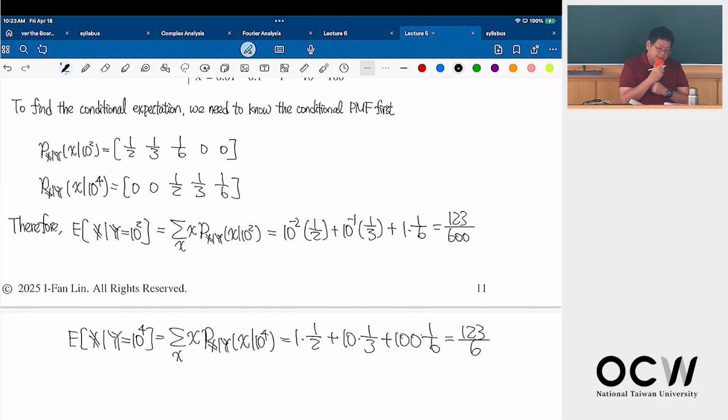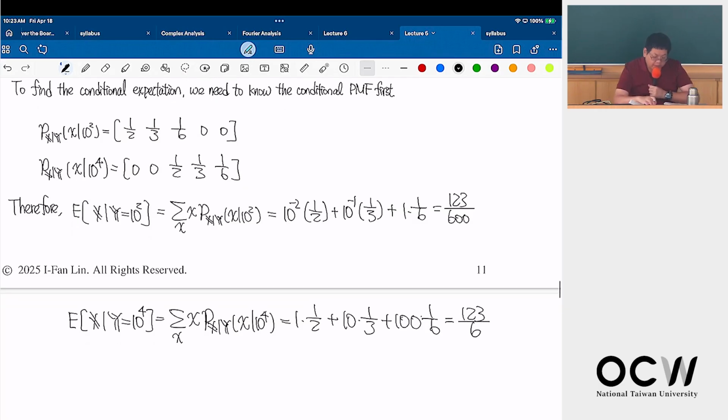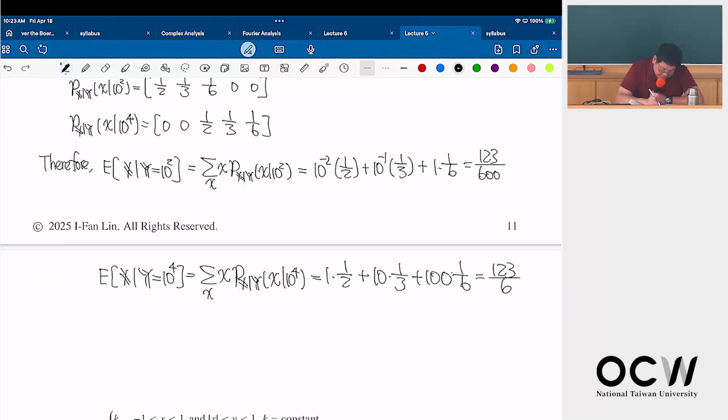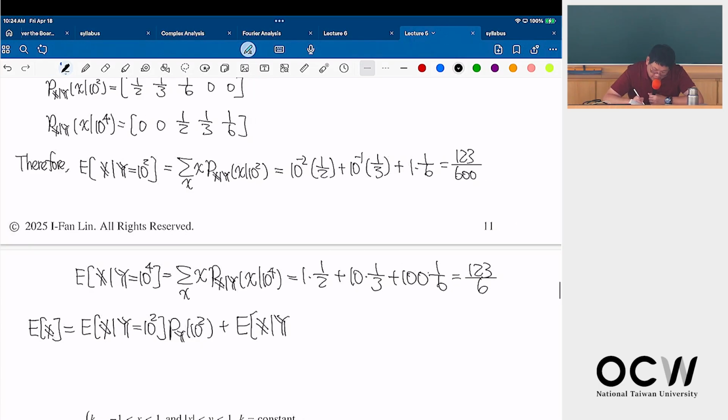Then with these two conditional expectations, what is the expectation of x? With these two, we can have the conditional expectation given y equals 10 squared times the PMF at 100, plus the other term, given y equals 10,000, times the PMF at 10,000.